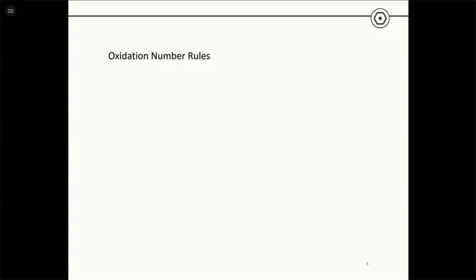So we have to get good at assigning oxidation numbers. Oxidation numbers, in some sense, have some similarity to formal charge, but they're defined a little bit differently. We defined formal charge back in chapter 3 or 4, which relates to the charge that an atom would have in a covalent molecule if all of the electrons were shared equally.